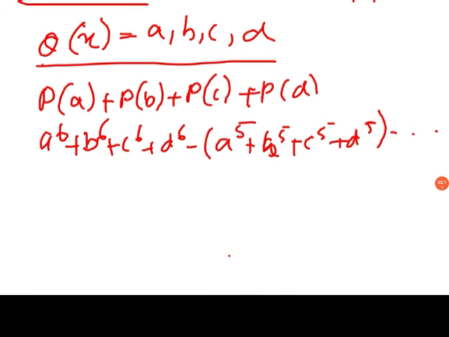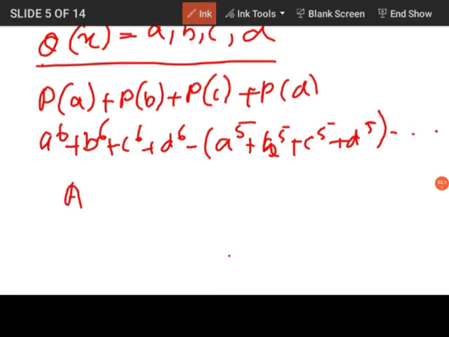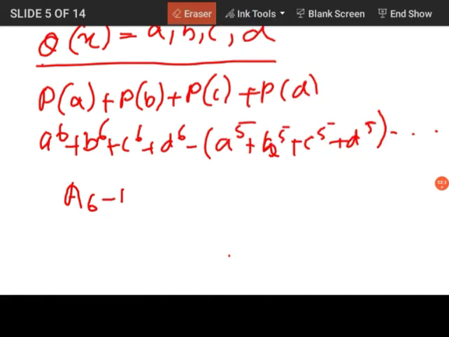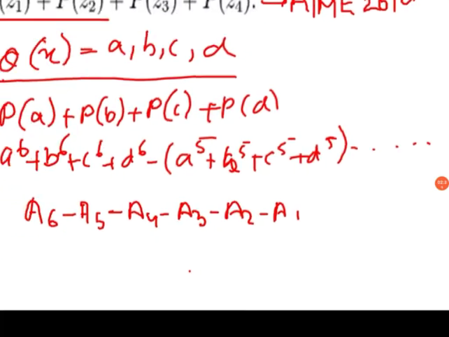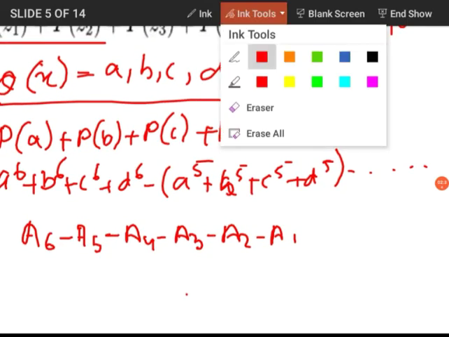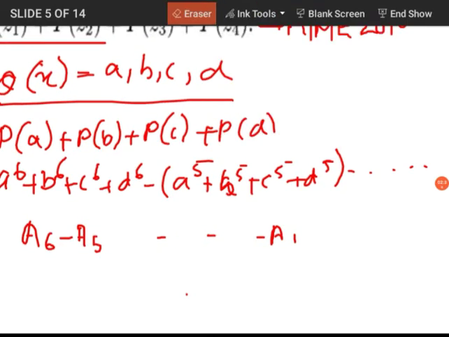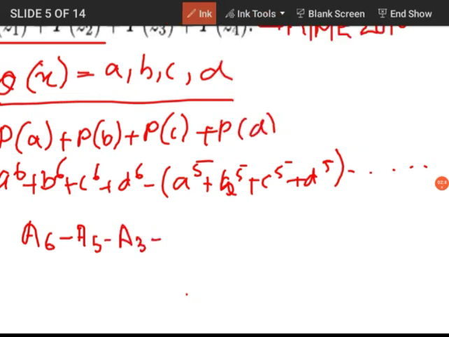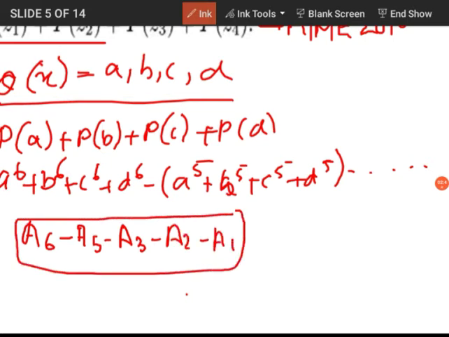So we can directly write that they are asking us to find a6 minus a5 minus a3 minus a2 minus a1, except a4. So this is now our question, very simplified.